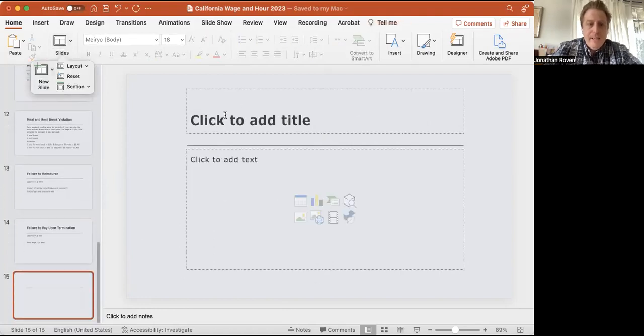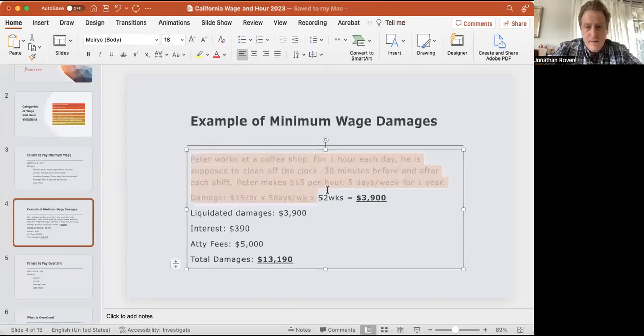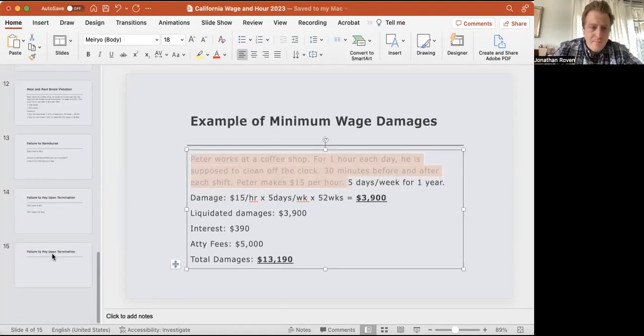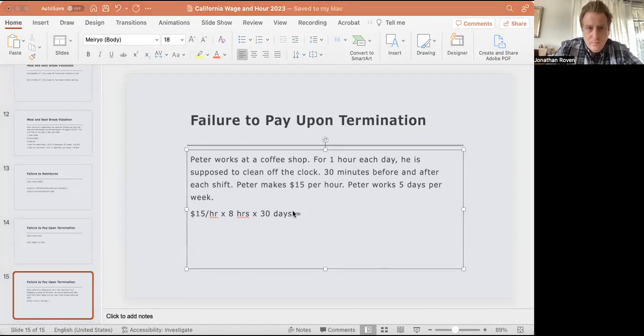If we use the example of Peter, who works at the coffee shop, makes $15 an hour and works 5 days per week, this is how I would calculate it. It's $15 per hour times 8 hours times 30 days. That's $3,600.